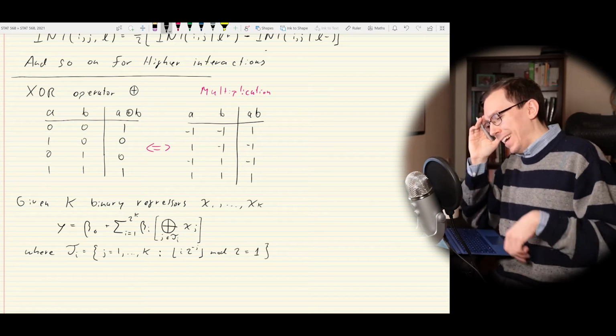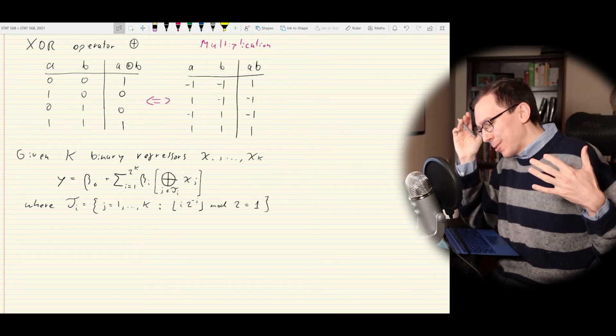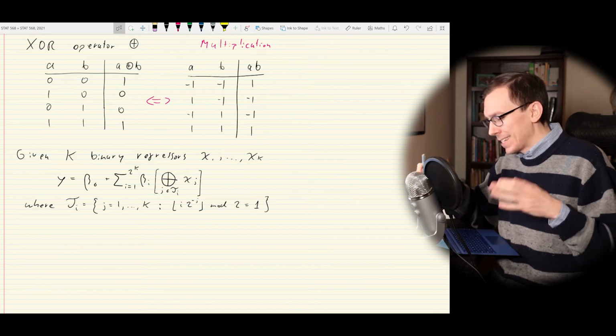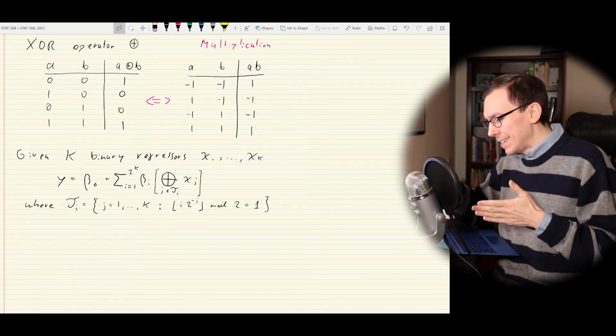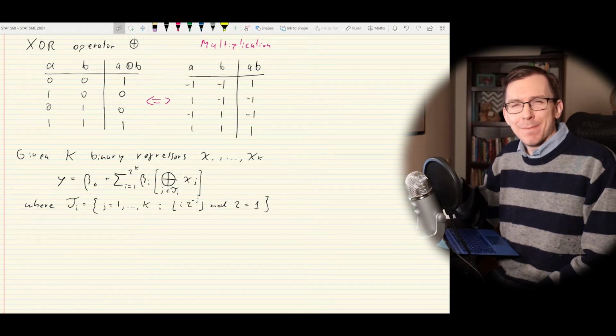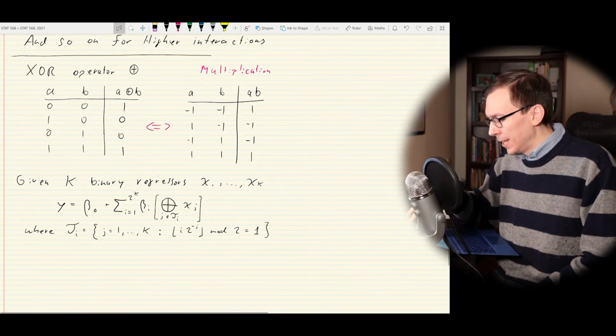So basically what we're doing is considering all possible ways of splitting up the index set in half.